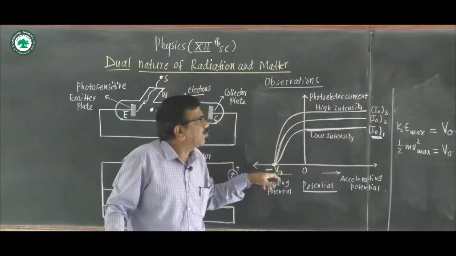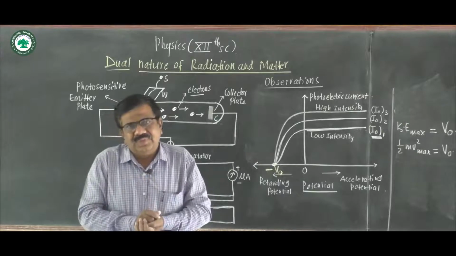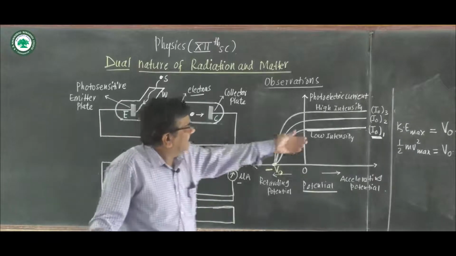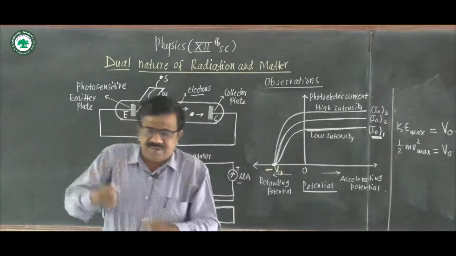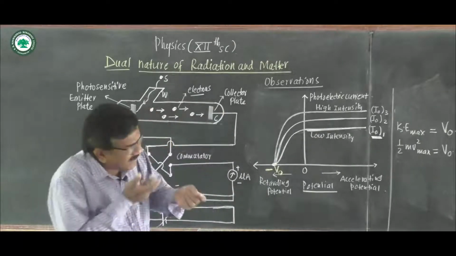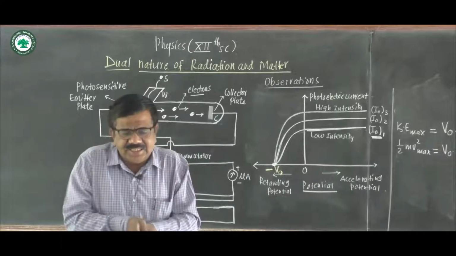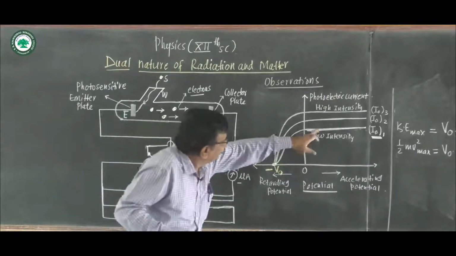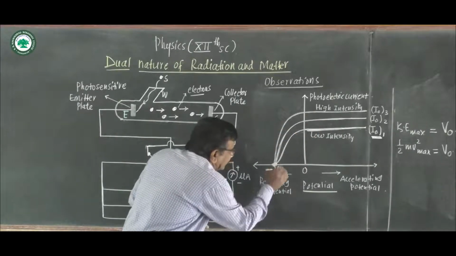At a certain negative potential, photoelectric current becomes 0. If frequency is kept constant and the experiment is repeated with a beam of different intensity, the stopping potential is the same.